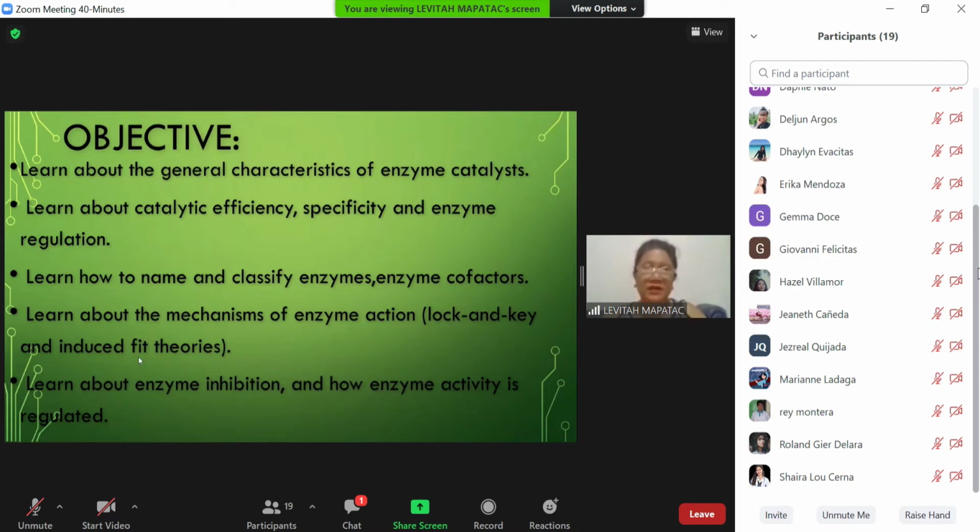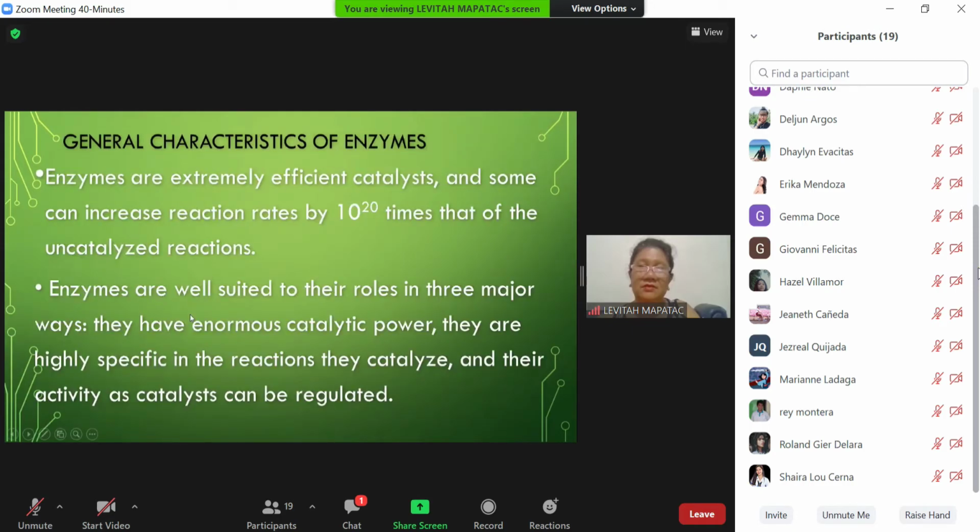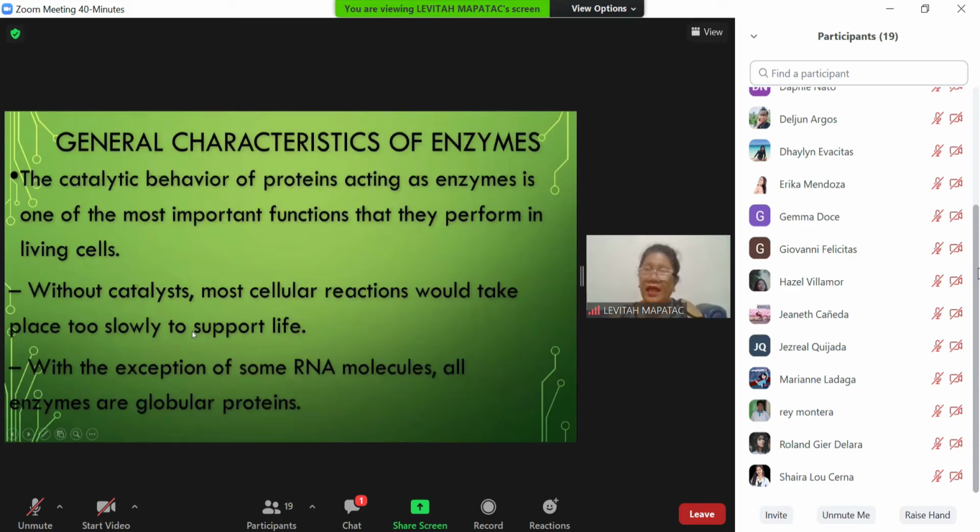Okay. So, what is the general characteristic of an enzyme? We already know that enzymes behave as proteins. Okay, so enzymes behave as proteins, no?